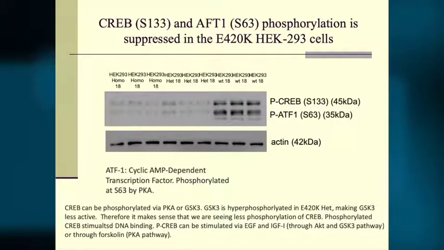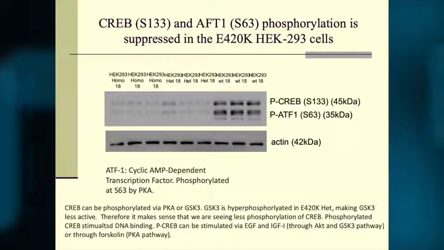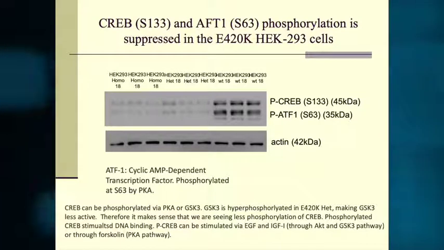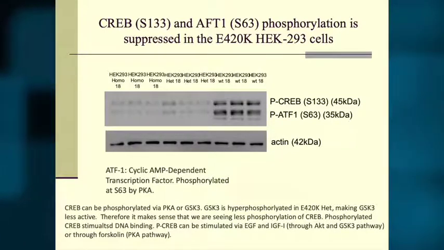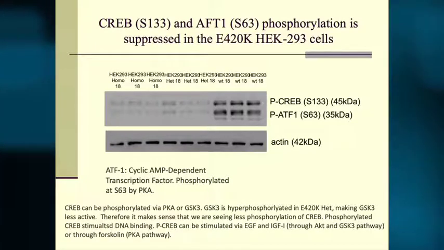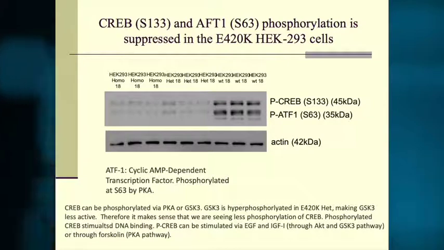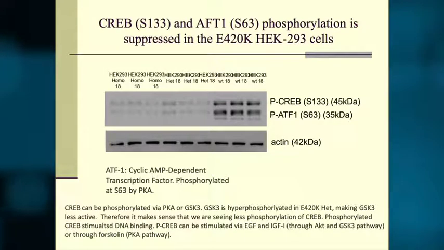So in CREB, phosphorylation at serine 133 is known to be associated with the activation of cyclic AMP signaling at an expression level. And again, ATF1 is basically an ortholog. They're very similar. These are two proteins that are kind of redundant as transcription factors.